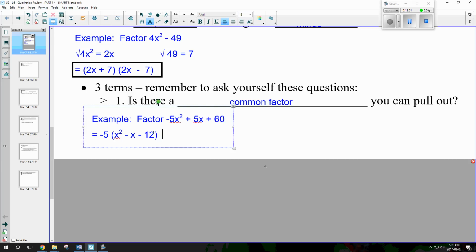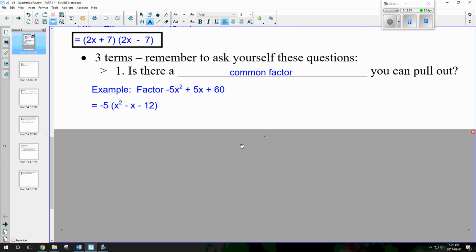Now that we've common factored, we have a much easier trinomial inside of our brackets to deal with, because we no longer have a number in front of the x squared, and our numbers are so much smaller, which makes it a lot easier to come up with our m and our a. So if you can remember, always ask yourself, is there a common factor I can pull out first?